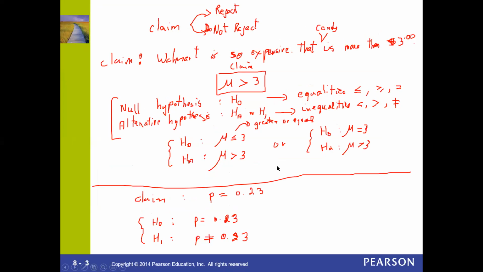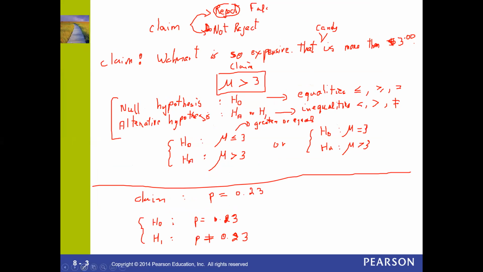On Tuesday, when we came, we talked about the claim. A claim is something that can be true or false. A claim can be rejected. It's rejected if it's assumed to be false.